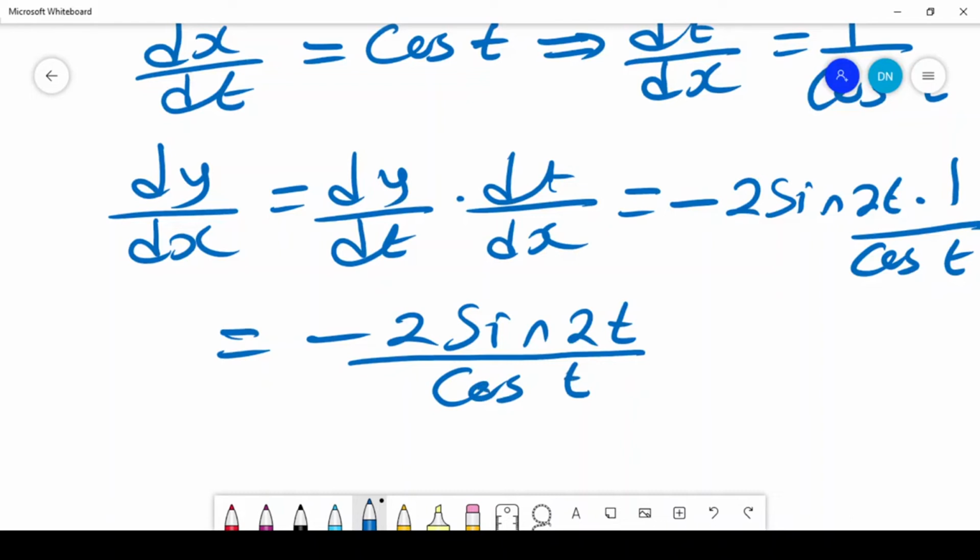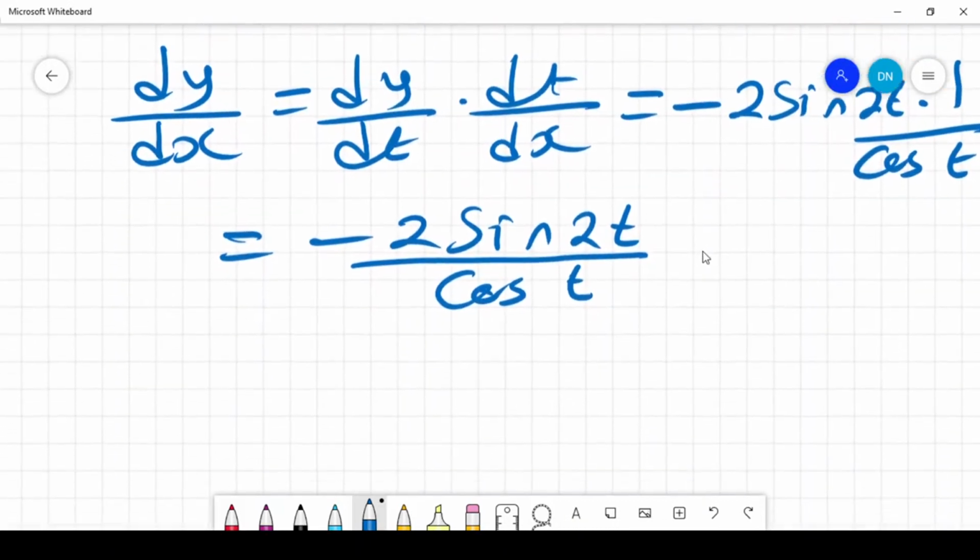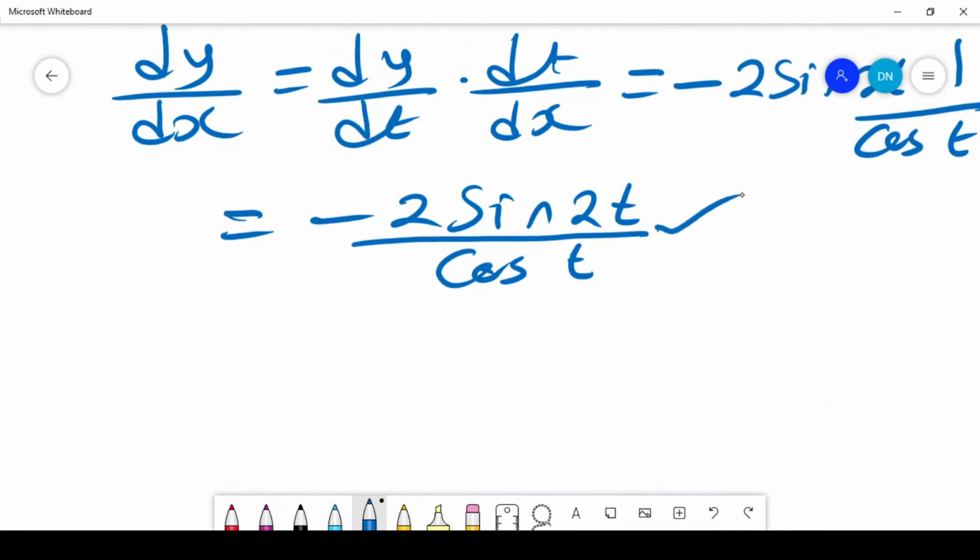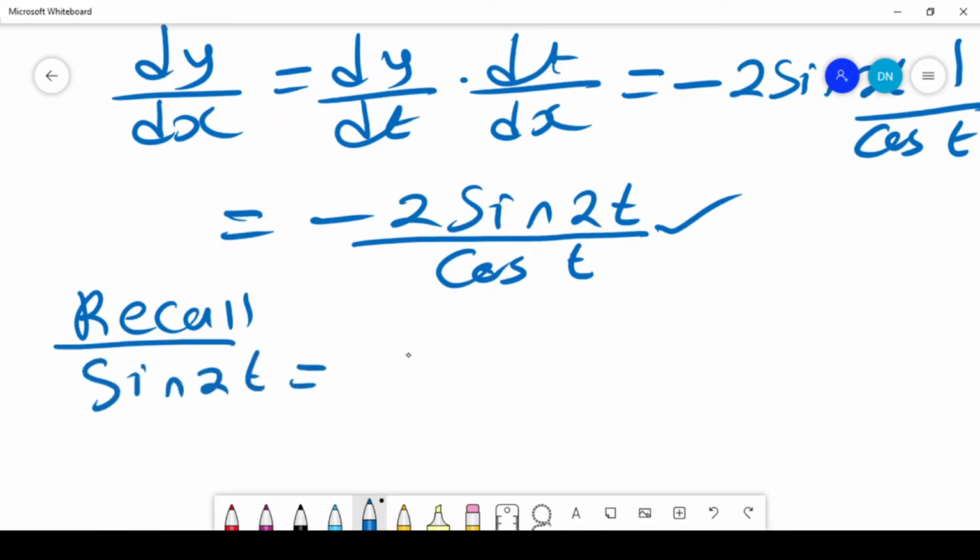For some of us who are familiar with the double angles, we could have taken that problem to another level. And the level we are talking about is that sine 2t can also be written as 2 sine t cos t.